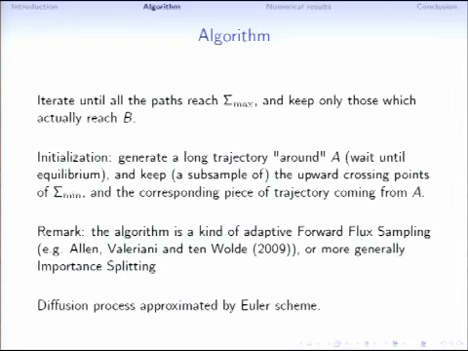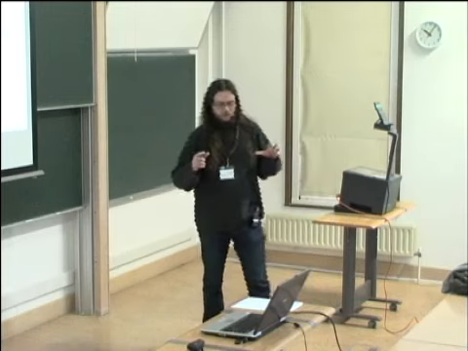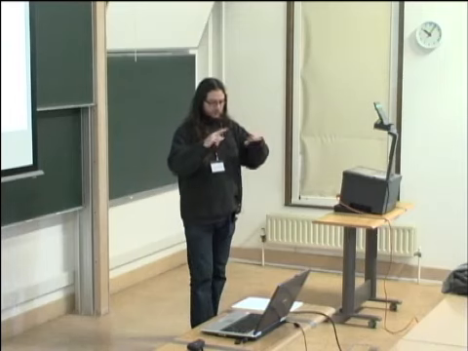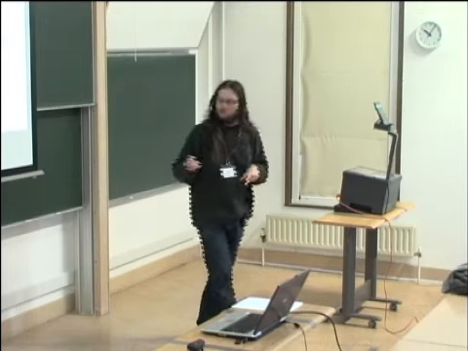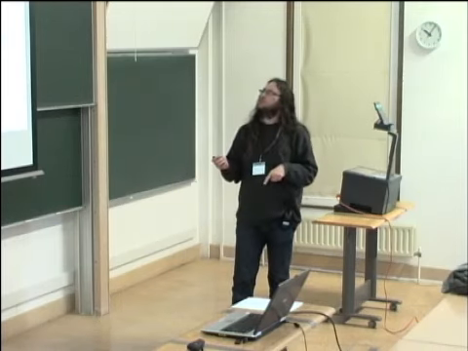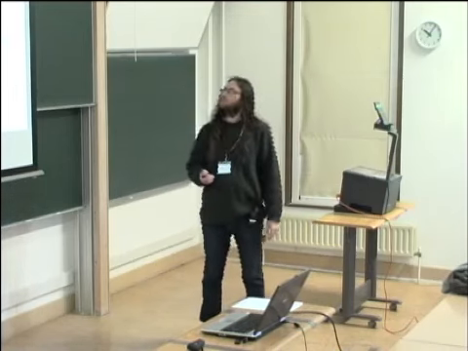Now I come back to the initialization of the algorithm. So I need some points on the z-mean surface at equilibrium. So I just start a trajectory in A, and I run it for quite a long time.